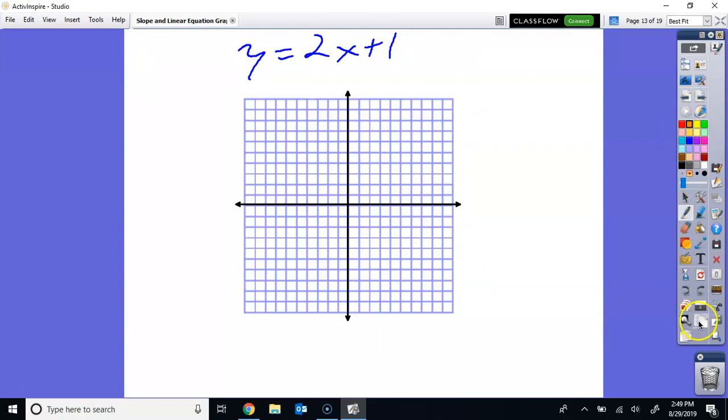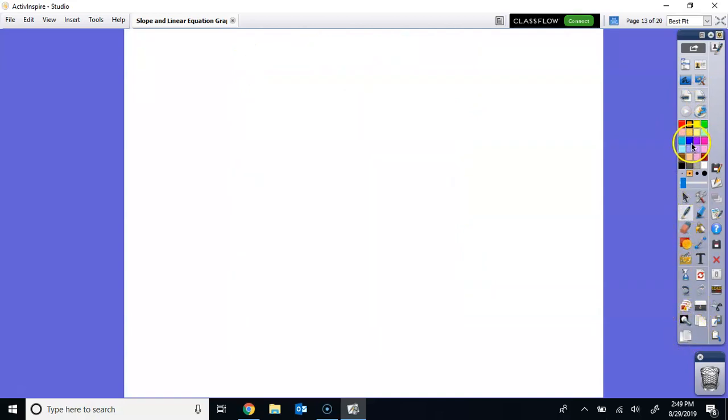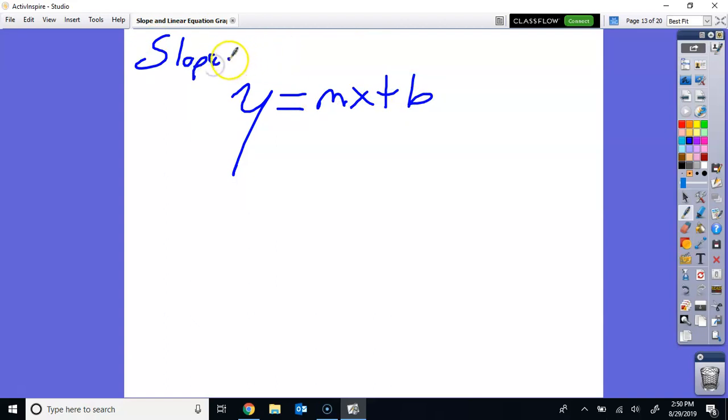So how does that help us when it comes to graphing? If I've got y equals mx plus b, this is called the slope-intercept form.